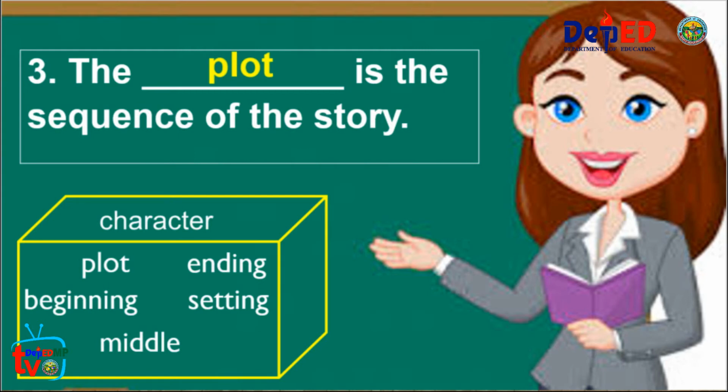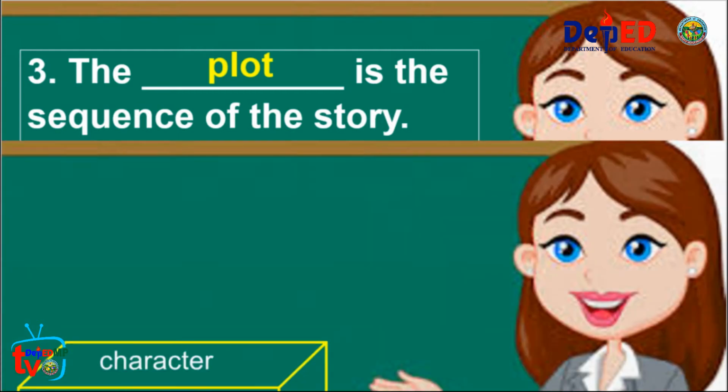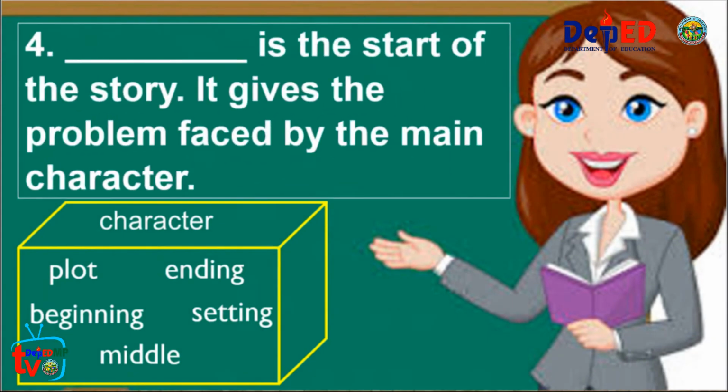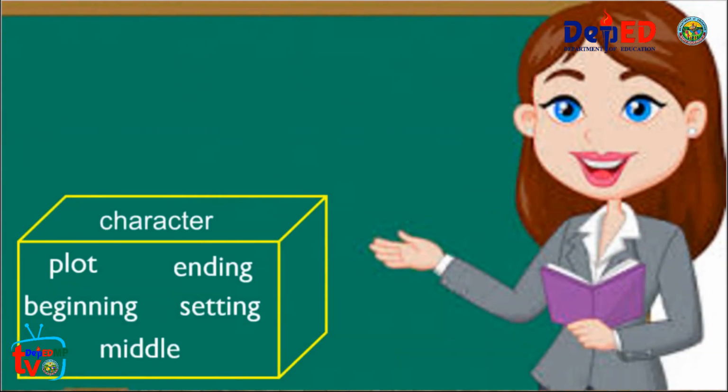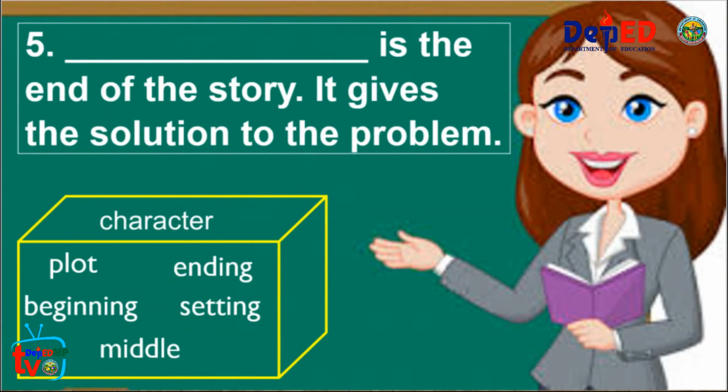The plot is the sequence of the story. Number 4. Beginning is the start of the story. It gives the problem faced by the main character. Number 5. Ending is the end of the story. It gives the solution to the problem.